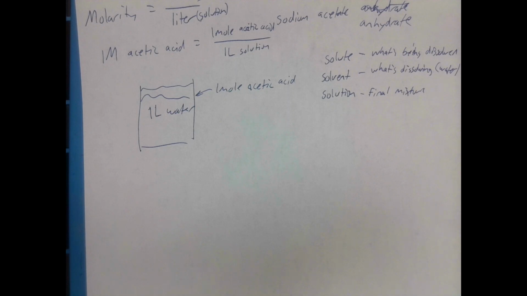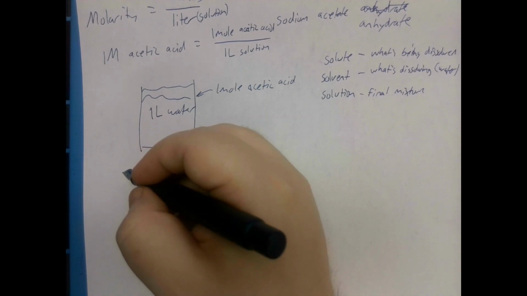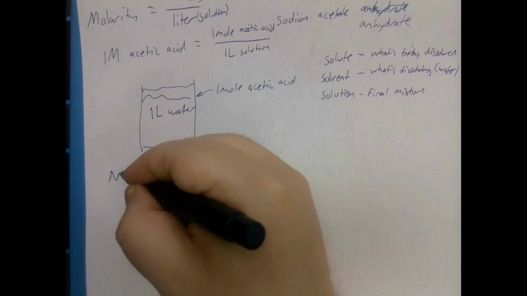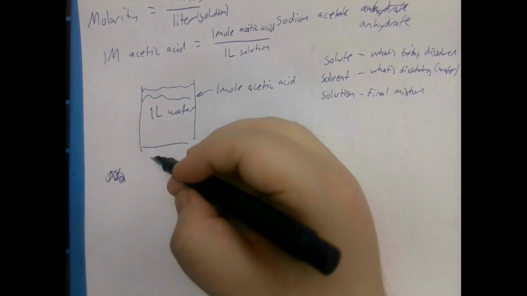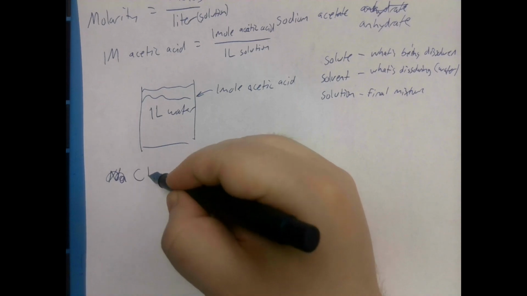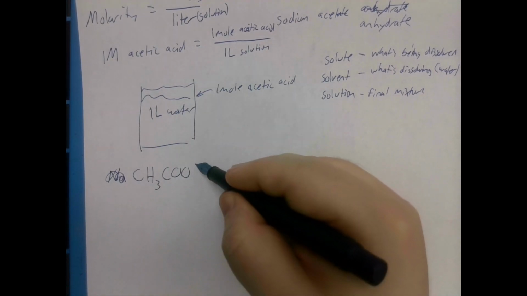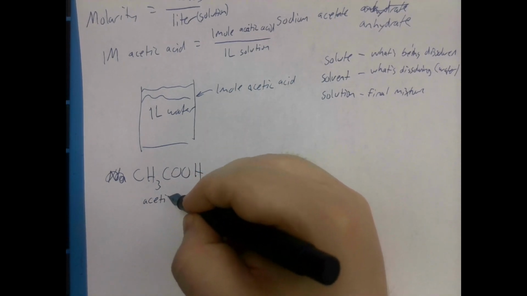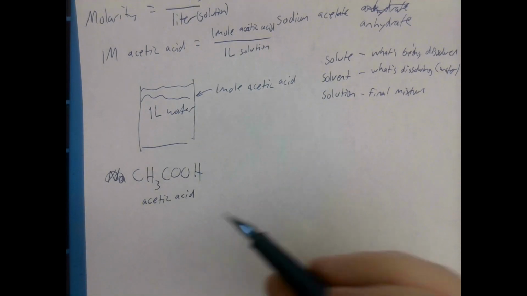What if you found out how much a mole weighed? So what is the molar mass of acetic acid? This would be CH3COO, which is acetate. I'm adding a hydrogen to it, so that's acetic acid. We've also calculated this multiple times in your notes. What is the molar mass?